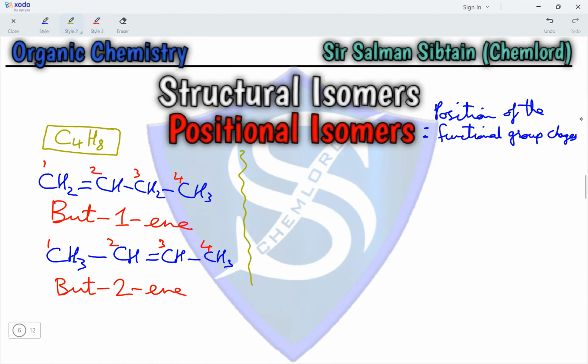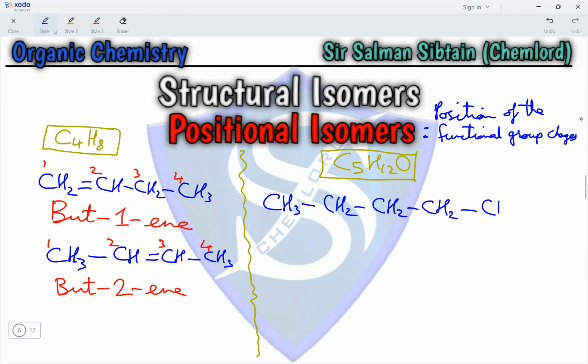Taking another example of positional isomerism, let's take a 5 carbon alcohol. So that would have a molecular formula of C5H12O. The first member of this positional isomer group would be CH3, CH2, CH2, CH2, CH2, and OH.